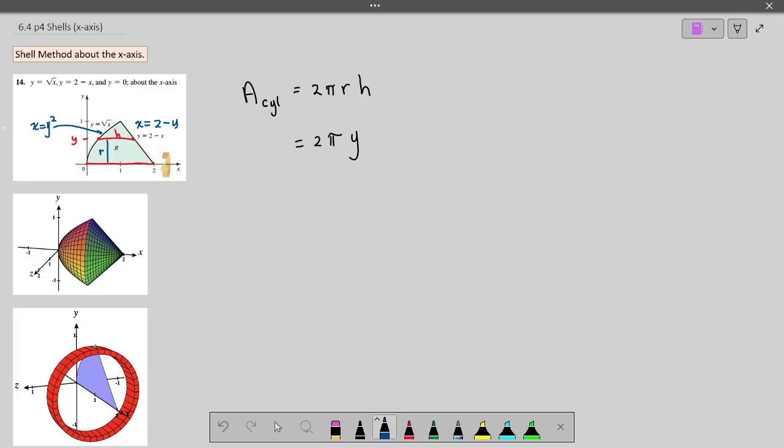So now to get h, we've got the curve on the right and the curve on the left, and we take the difference. So it's the right x value, which is 2 minus y, minus the left x value. The left x value is y squared. So right x minus left x. So we will end up with 2 pi multiplied by 2y minus y squared minus y cubed.